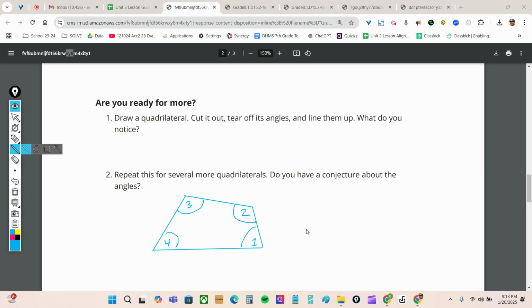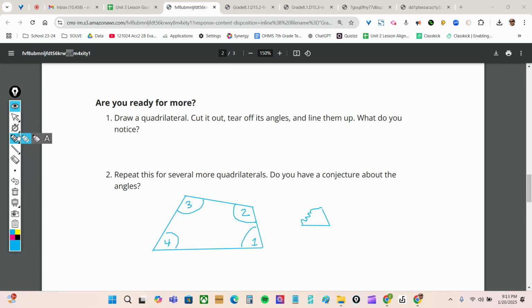I don't know how I'm going to do that, but I'll just do my best. Say angle 1 looks something like this when you tore it off. Okay, it's more like this. So that's angle 1, and it's jagged because you ripped it off.